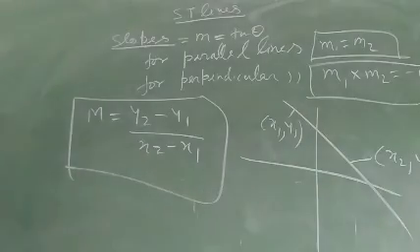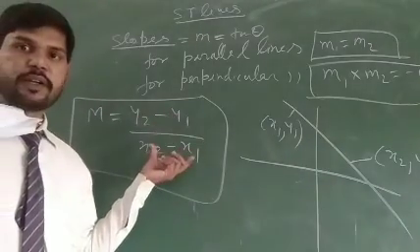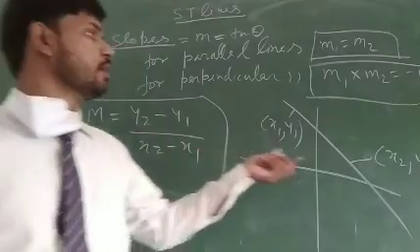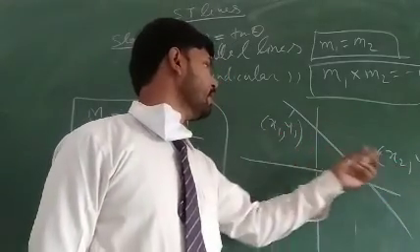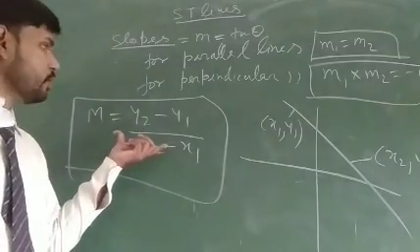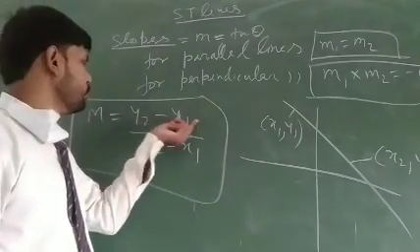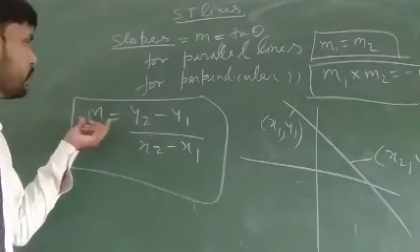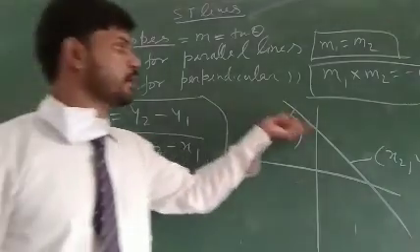m equals to y2 minus y1 upon x2 minus x1, where the coordinates y2, y1, x2, x1 all are given to you. This will give you the slope of the line.